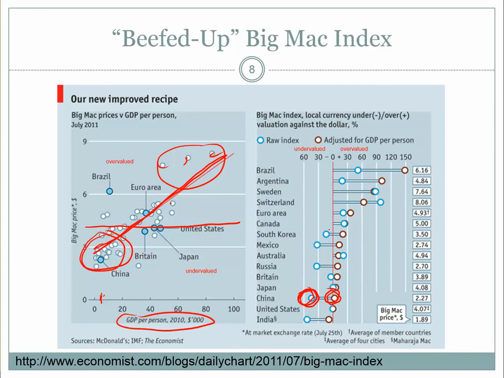You can see that, again, initial values, adjusted values, initial values, adjusted values. And based on this analysis, actually the most overvalued currency was the Brazilian real, which is one of the worst performing currencies of this year against the dollar.